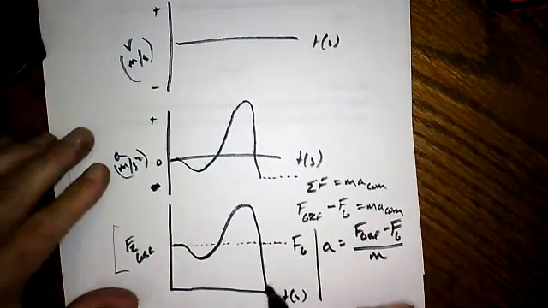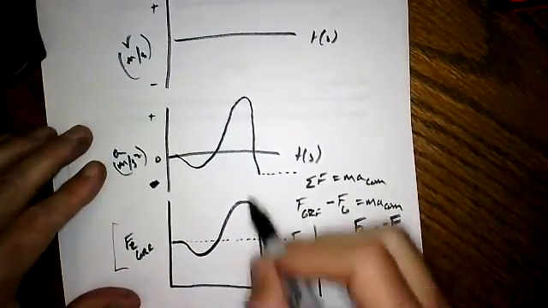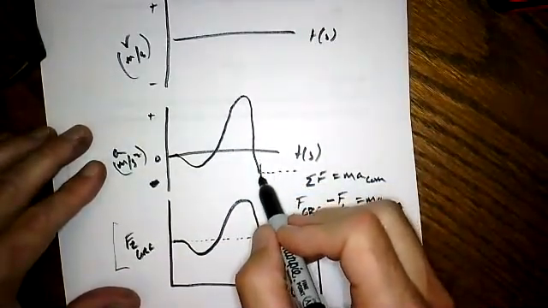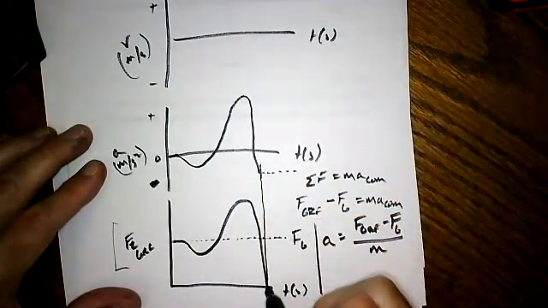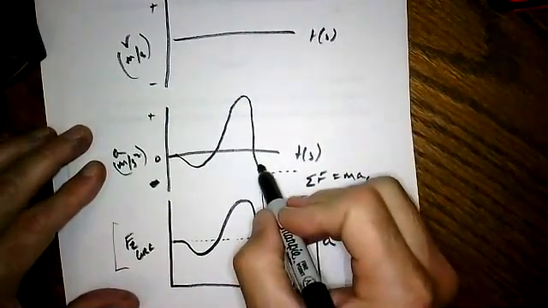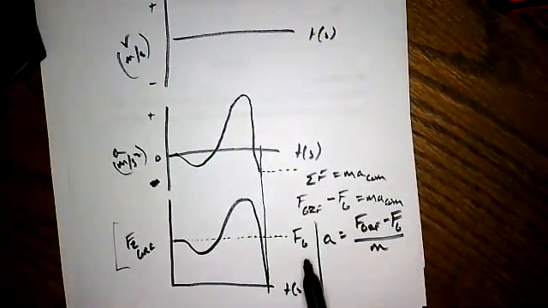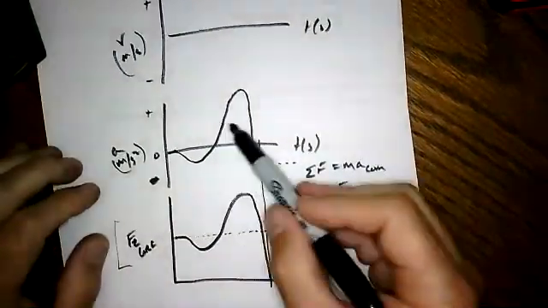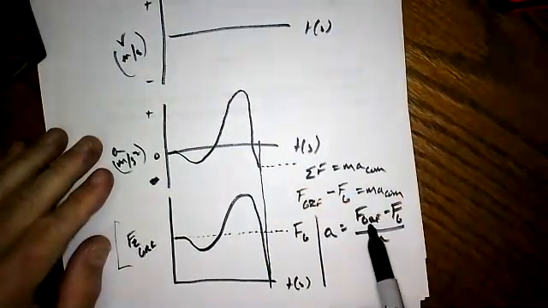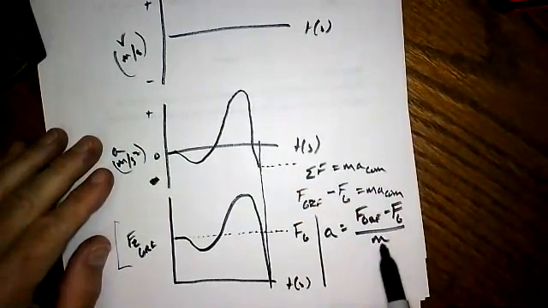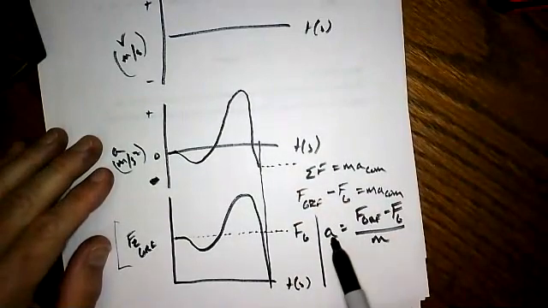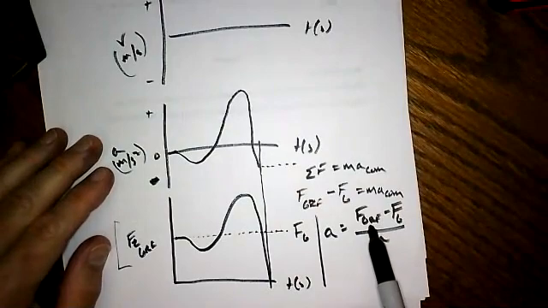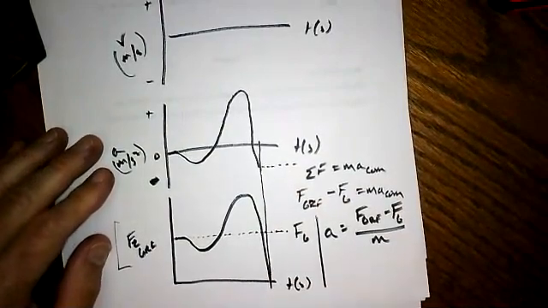So I'm trying to line up this point here and this point here. These are the same points in time. And these two curves should really reflect each other because that's a constant, that's a constant. So acceleration will vary, however ground reaction force is going to vary. So now we have our acceleration profile.